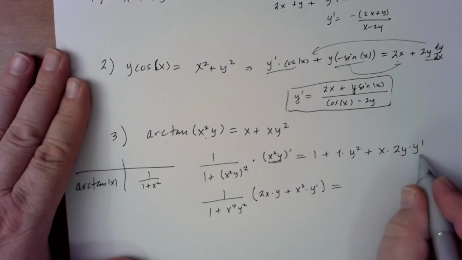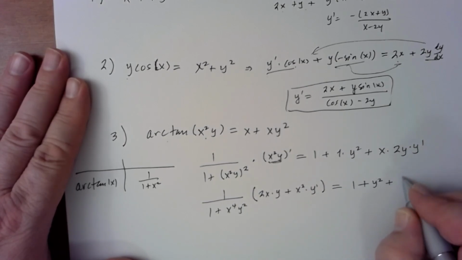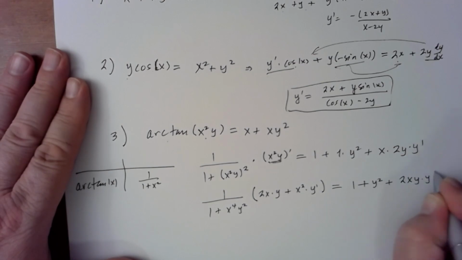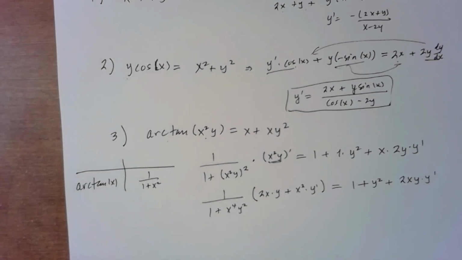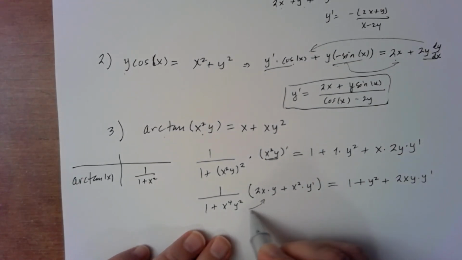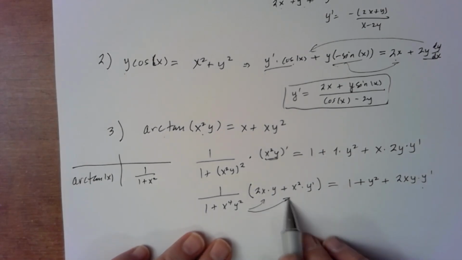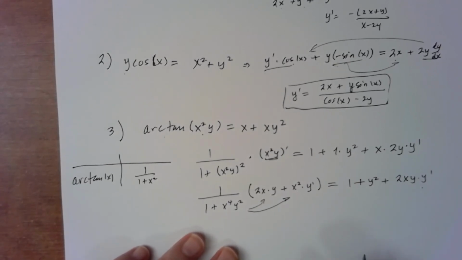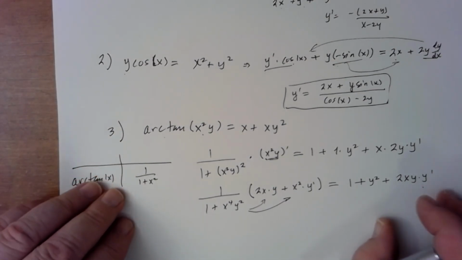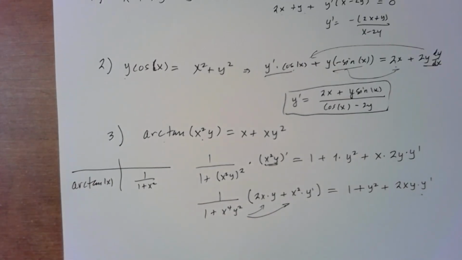And then rewriting this side, we have 1 plus y squared plus 2xy times y prime. Good. And I think I will leave this one to you. You would have to multiply this through, and then bring all your y primes together to factor the y prime out, and then you could solve for y prime. Good. Oh, we have a couple more. Let me pause for a moment.